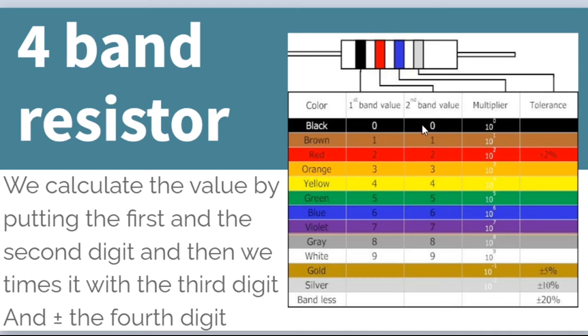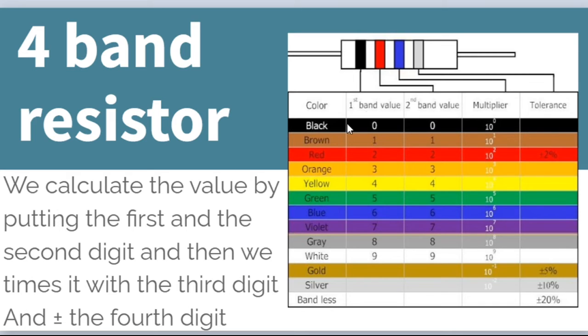The value of black at the second band is 0. The value of black at the multiplier, or the third band, is 10 power 0. At the fourth band, the tolerance band, there isn't a value, or the black shouldn't be in the fourth digit, or the fourth band.